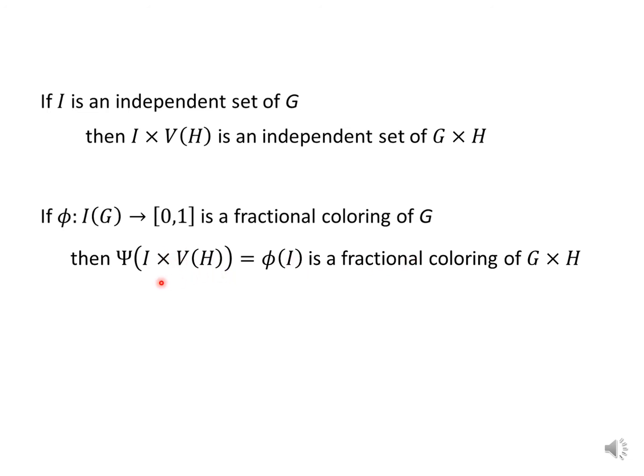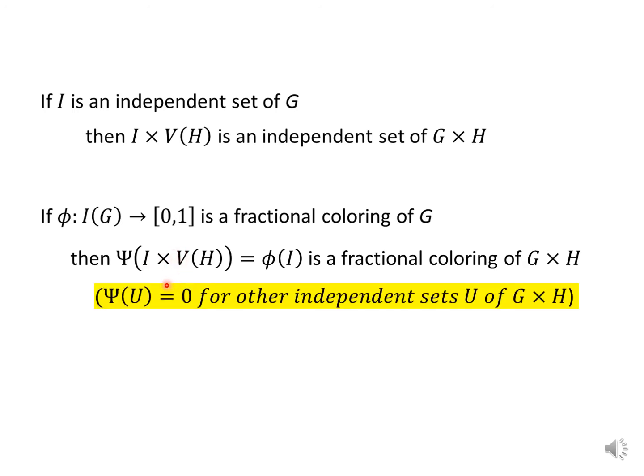That means for every vertex of the product graph, the sum of the weights of those independent sets containing that vertex is at least 1. For other independent sets, we assign weight 0. The total weight of this fractional coloring is the same as that of the original fractional coloring.